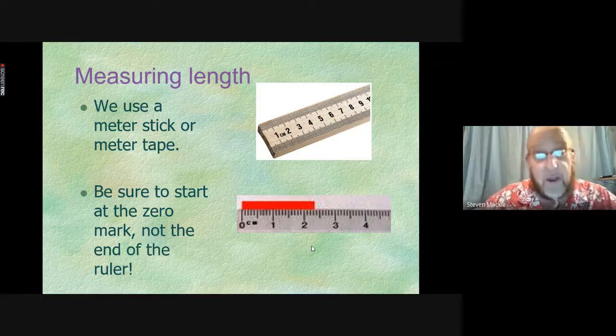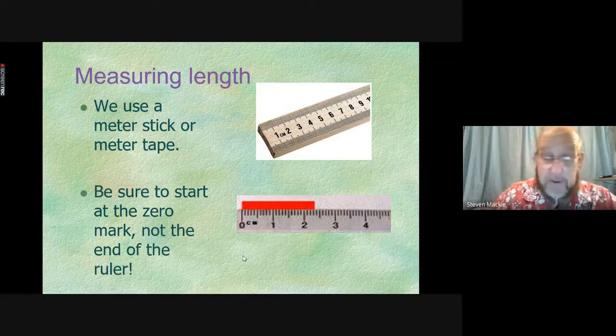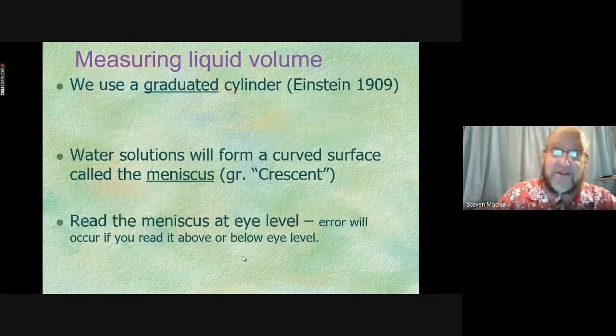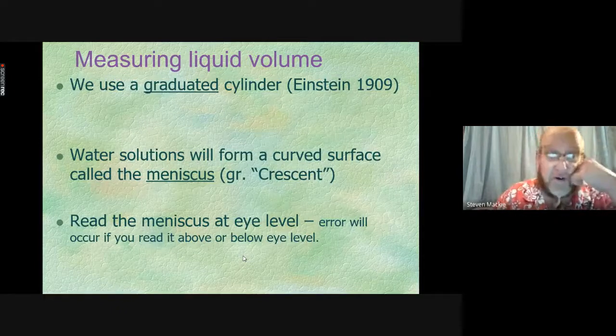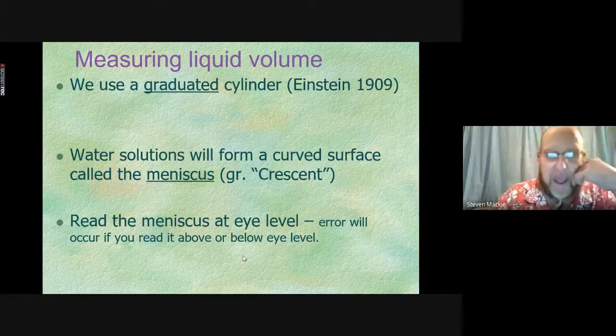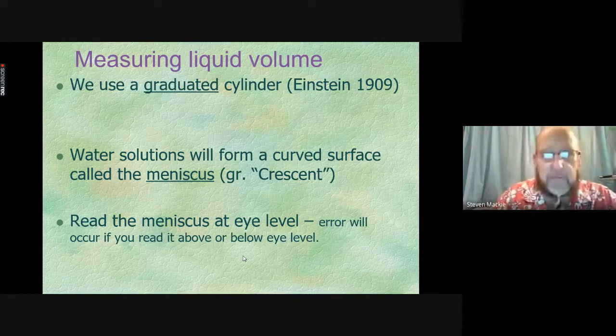Believe it or not, I sometimes learn that college students don't know how to use a ruler. Be sure when you use your ruler, you figure out where the 0 point is, and you start measuring there. In the metric system lab, you're going to get a chance to measure using a virtual ruler.